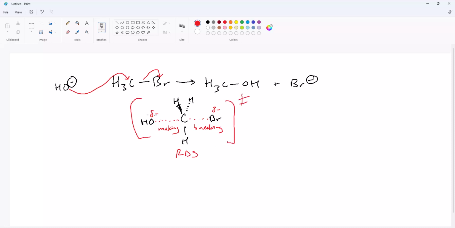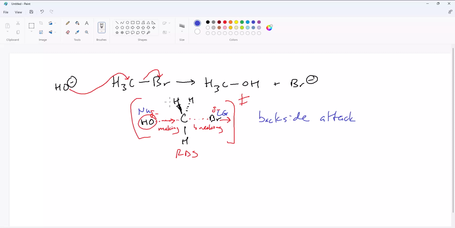Now you'll notice that the OH is attacking from the opposite side that the Br is leaving from. And we call this type of attack, where one is coming from the opposite side, backside attack. So an SN2 mechanism will always include this backside attack where the nucleophile is attacking from the opposite side that the leaving group is leaving from. What's interesting is we can kind of think of this like an umbrella.